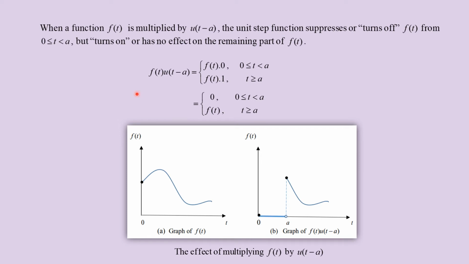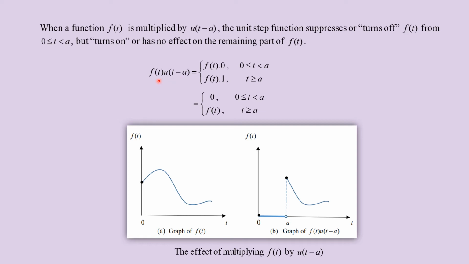What is the effect of multiplying a function f(t) by the unit step function? So f(t) multiplied by u(t − a). By definition of the unit step function, u(t − a) is either 0 or 1 depending on the interval for the variable t.